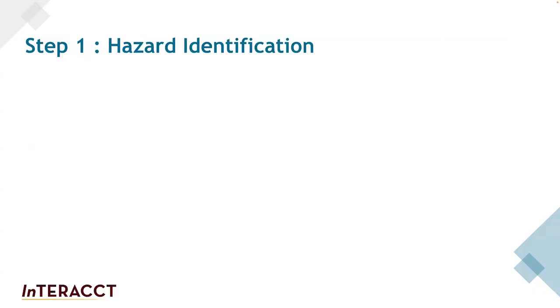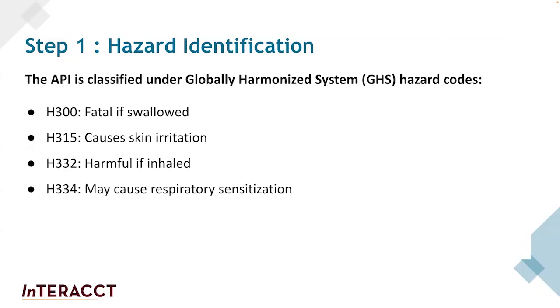Step 1 in the process is hazard identification. In this scenario, the API is classified under the Globally Harmonized System hazard codes, which is called GHS. It carries the classification H300, fatal if swallowed, H315, causes skin irritation, H332, harmful if inhaled, H334, may cause respiratory sensitization.